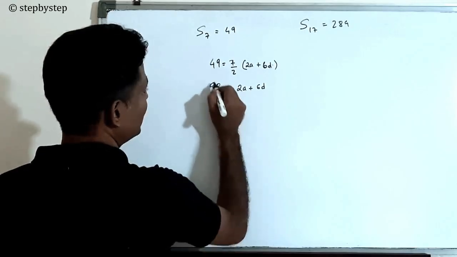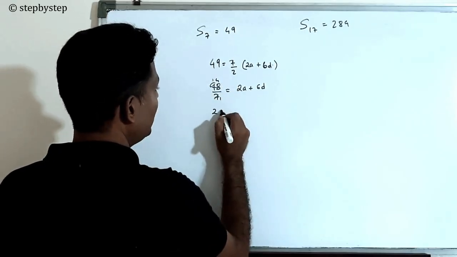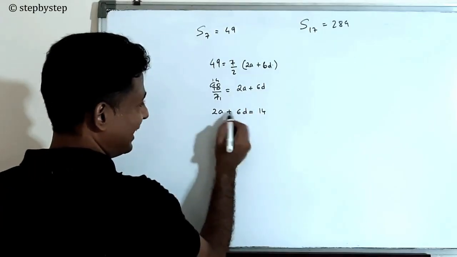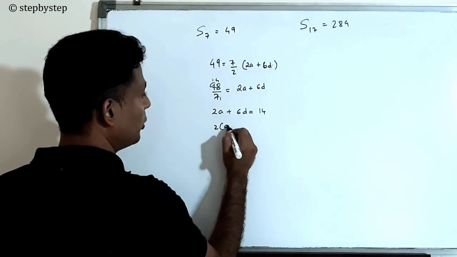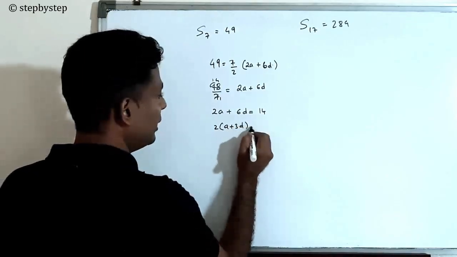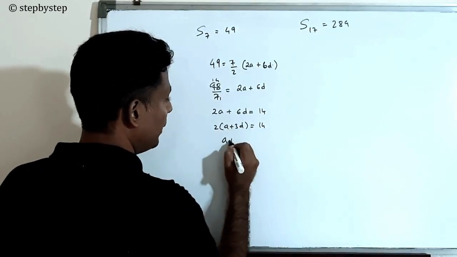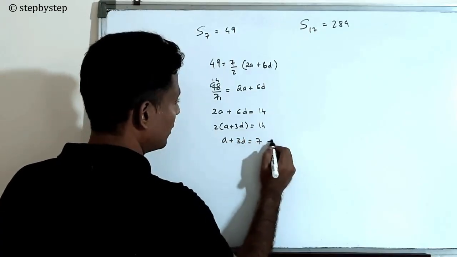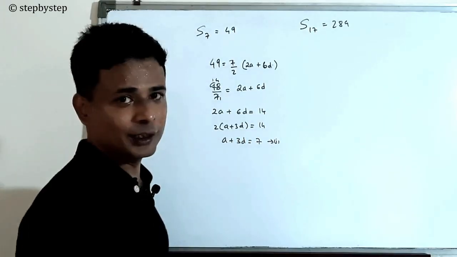It is divisible, 7 fourteens are 98. So I get 2A plus 6D equal to 14. I can take 2 common here. So it becomes 2 into (A plus 3D) equal to 14. So A plus 3D equal to 14 by 2, that is 7. So this is our first equation.